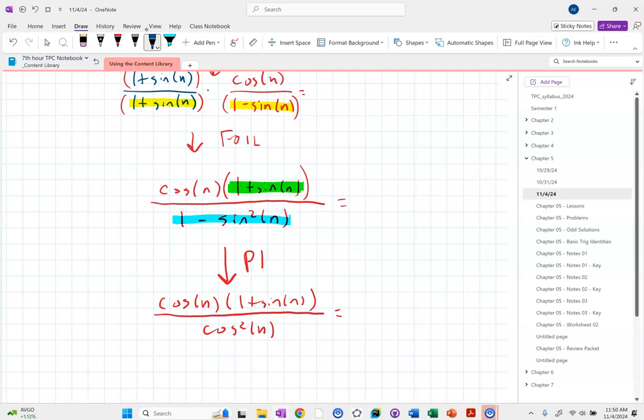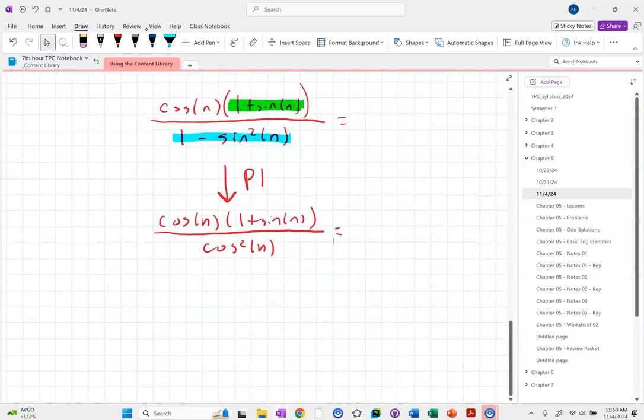Who sees what to do now? We're almost there, right? Gabby. Oh, I don't know. I was asking a question about the previous. Oh, okay. But you were able to switch them because they equal each other, for the denominator? Cosine squared is equal to 1 minus sine squared. Yes, that's P1, or an alternate version of it.